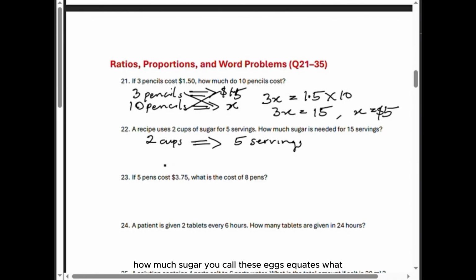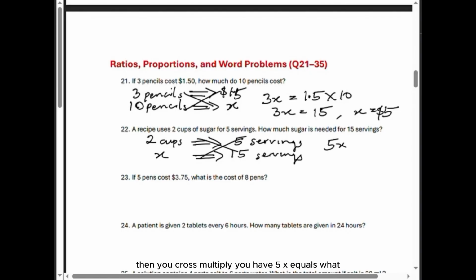How much sugar? You call this x, equate 15 servings. Then you cross multiply. You have 5x equals 30. X equals 6 cups of sugar.